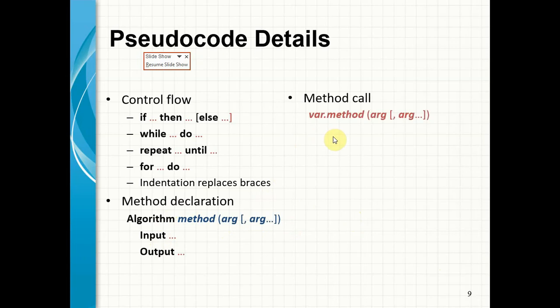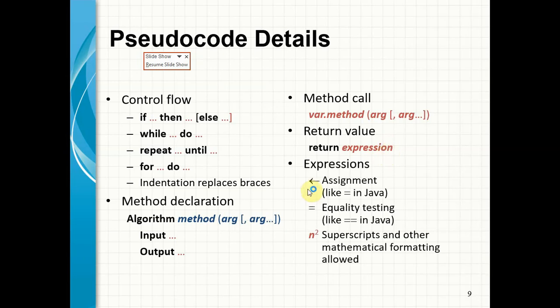And then we will have some method calls, for example, what sort of arguments are to be put in, and a return if the method is expected to have some return value. We also have some conventions in this notation.